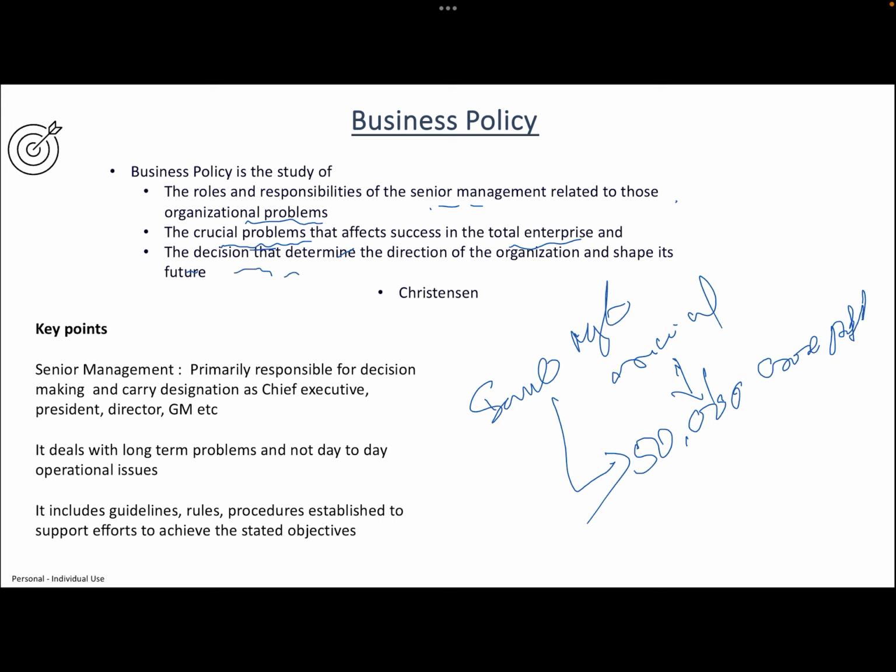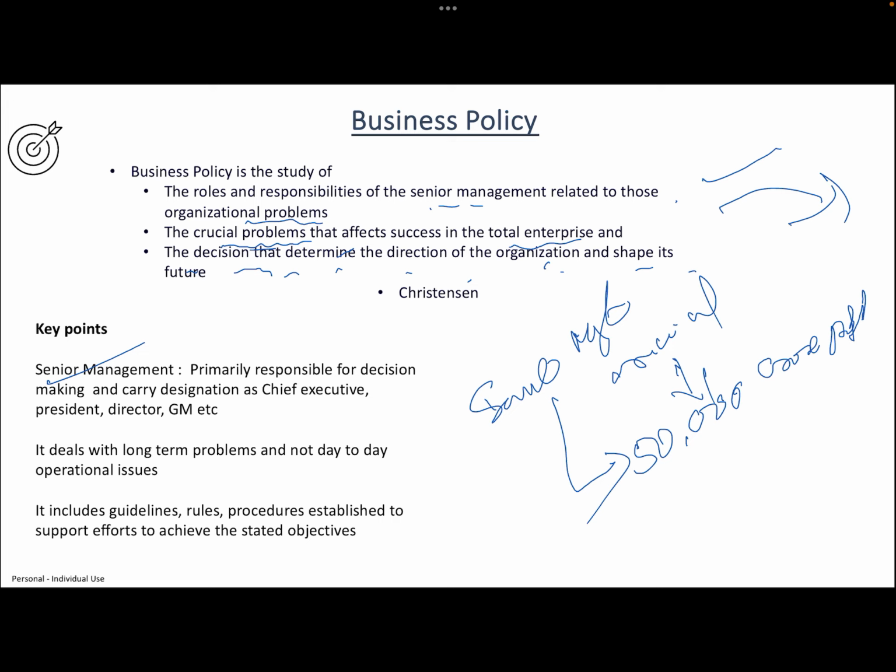And they take decisions that determine the direction of the organization and shape its future. So three steps here. First, senior management should look into the problems which are affecting the success of the total enterprise, and then set up the direction for the organization to move towards that. Who all are involved here? First one is senior management. They are responsible for making a business policy.